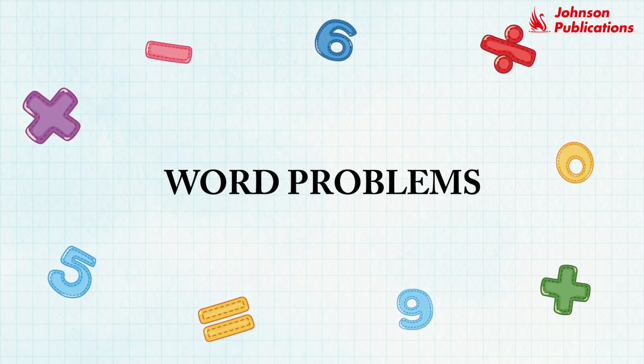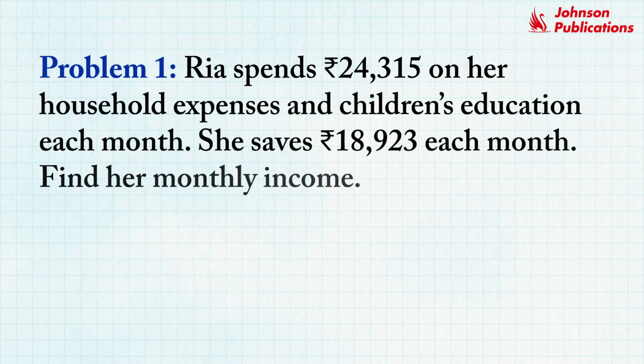Word problems. Problem 1. Riya spends 24,315 rupees on her household expenses and children's education each month. She saves 18,923 rupees each month. Find her monthly income. Let us write the problem in steps.